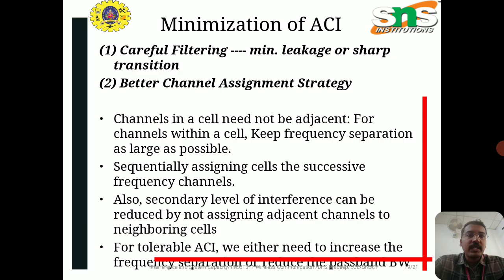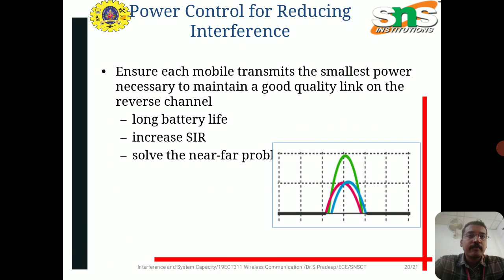For channels within a cell, keep frequency separation as large as possible. Sequentially assign channels to cells for the successive frequency channels. Also, a secondary level of interference can be reduced by not assigning adjacent channels to neighboring cells. For tolerable ACI, we either need to increase the frequency separation or reduce the passband bandwidth.